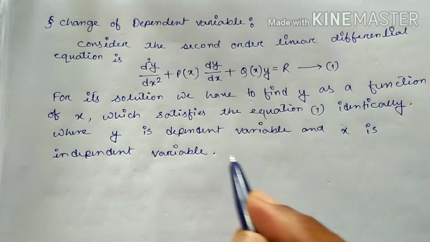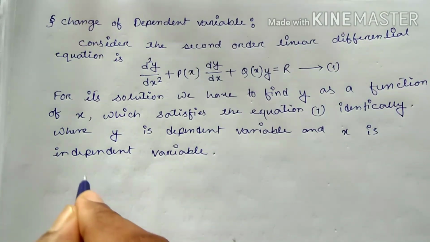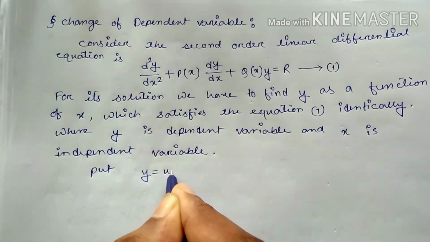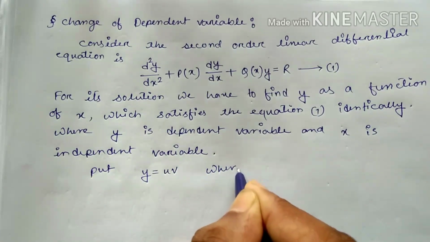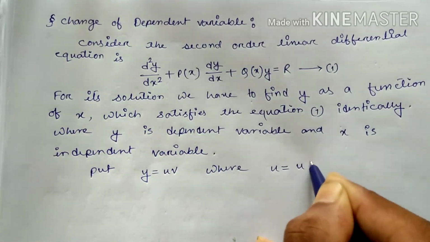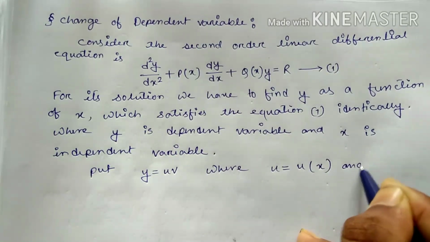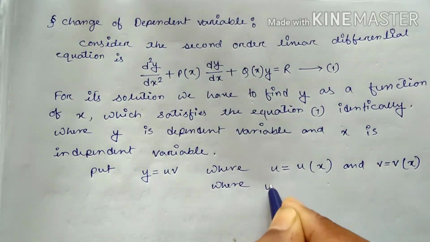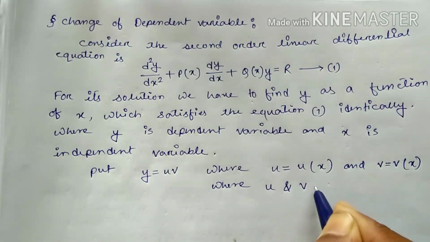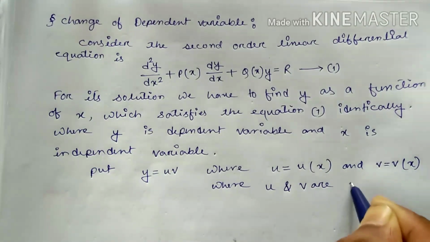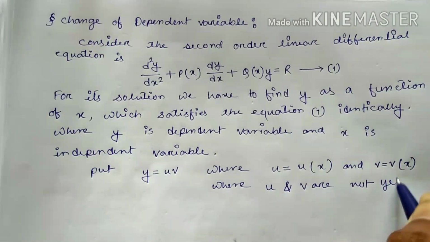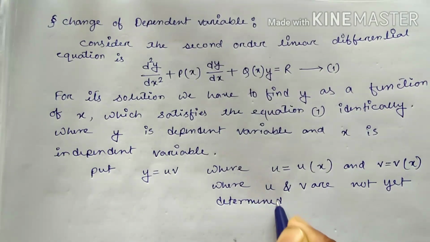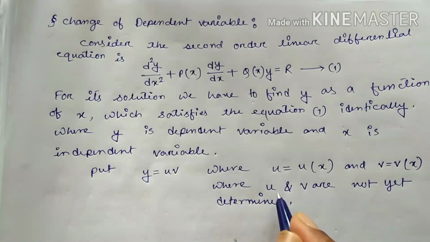For this solution, we put y is equal to uv, where u is equal to u of x and v is equal to v of x, where u and v are not yet determined. We have to determine the values of u and v.